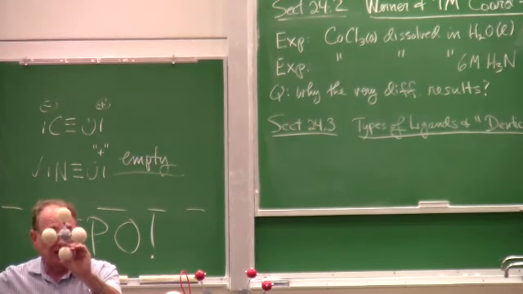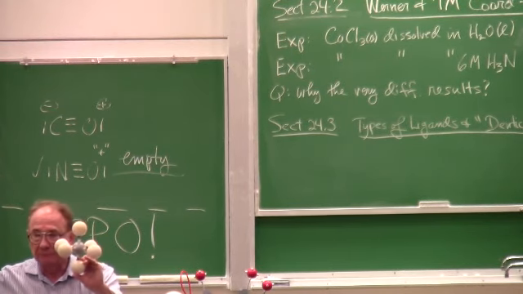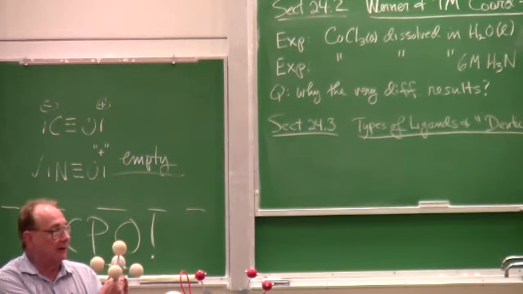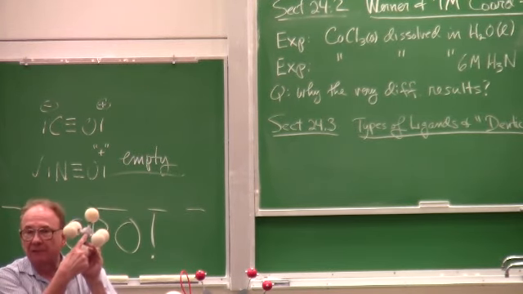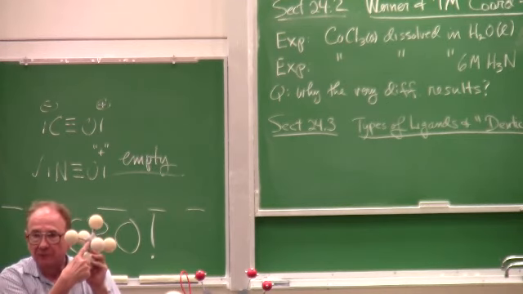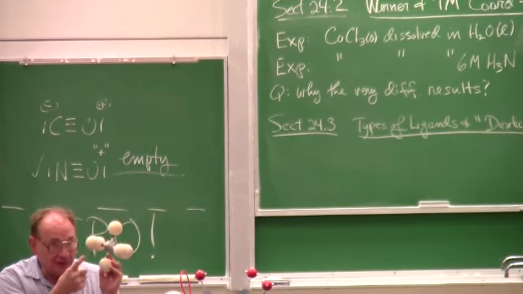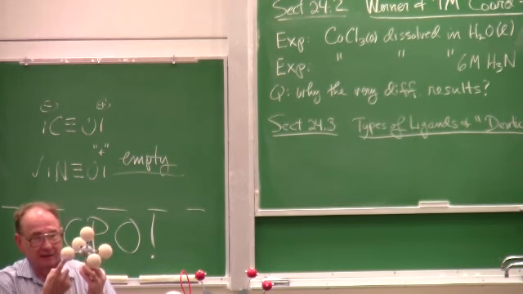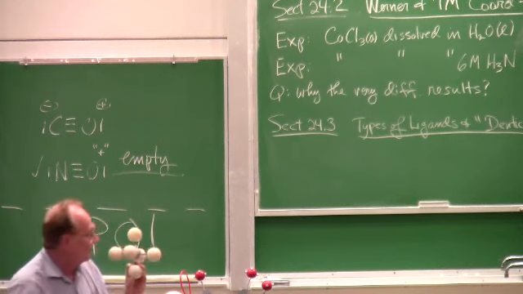Well, here's our model. If we take the center of this model to be a representative of cobalt-2, then, as was earlier suggested, what are these white spheres simulating? Water molecules.